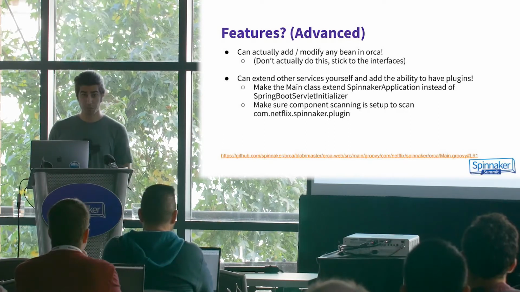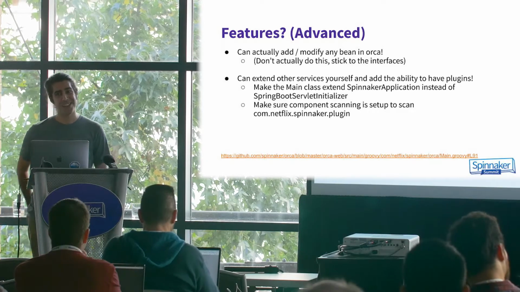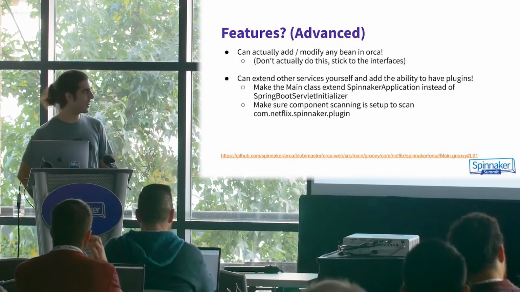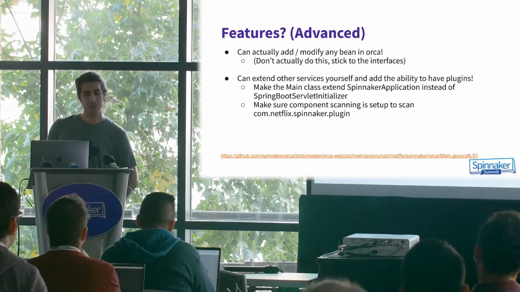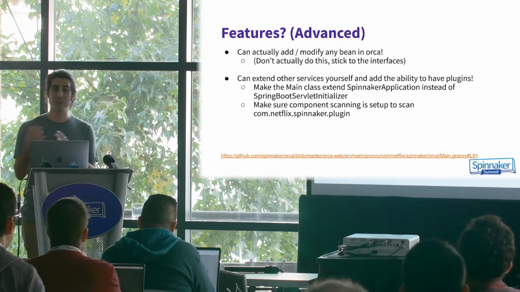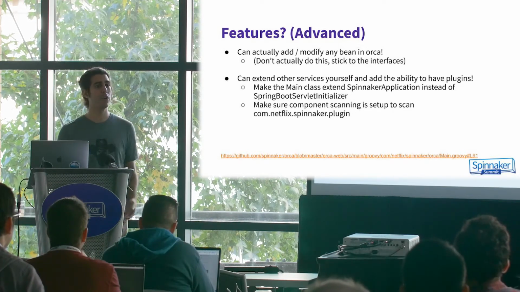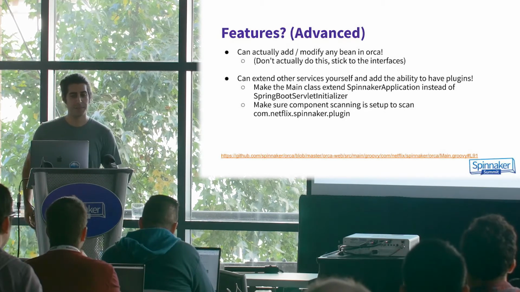Cool. So talking about advanced features, the unsafe portion I mentioned earlier, you can actually overload anything in Orca right now and modify any bean there. Don't do this unless you really know what you're doing. It doesn't go to the simpleness, but that's why we're trying to move to a new framework where it has well-defined extension points and better life cycle.